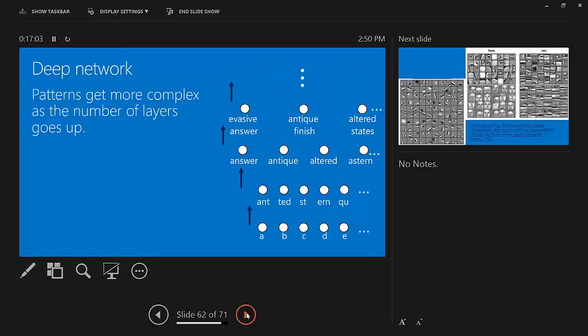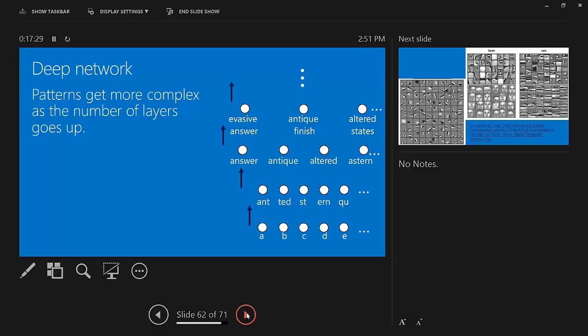Now, what does deep get you? Why is deep special? If your input neurons are, say, letters in the alphabet, this is a deep neural network with all of the connections omitted for clarity. So these are your inputs. This is your first layer of outputs. They're combinations of those letters.